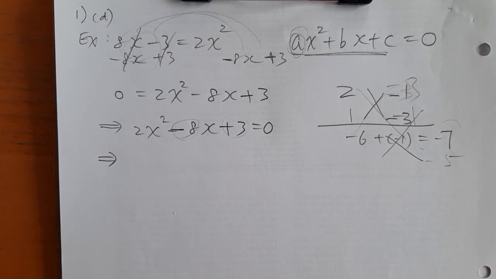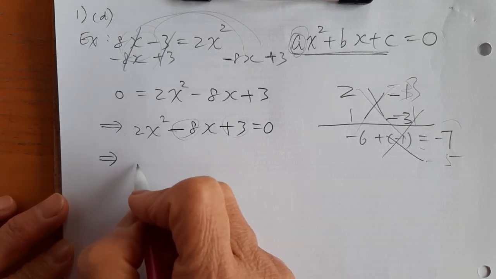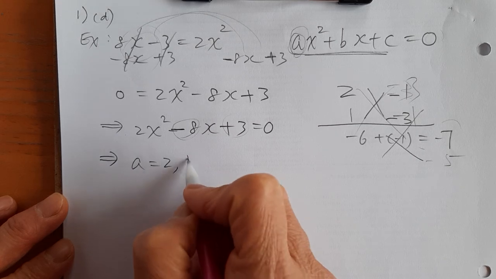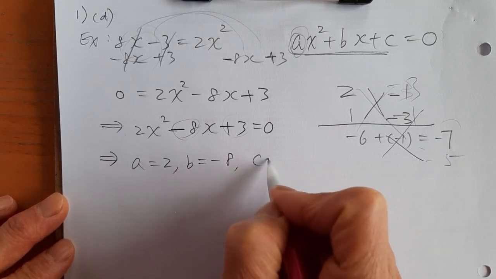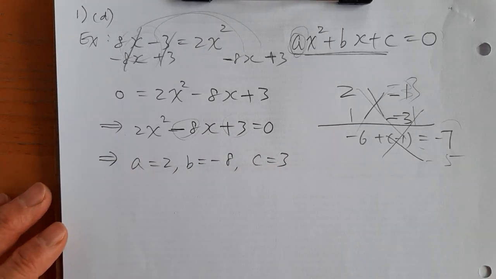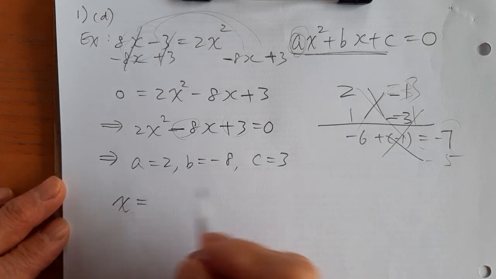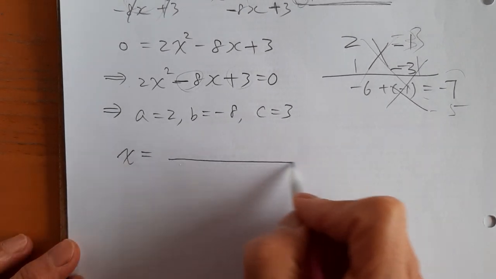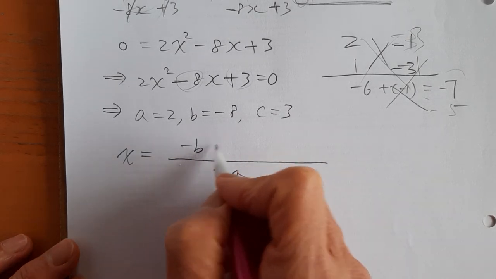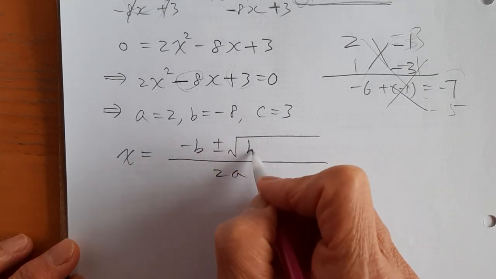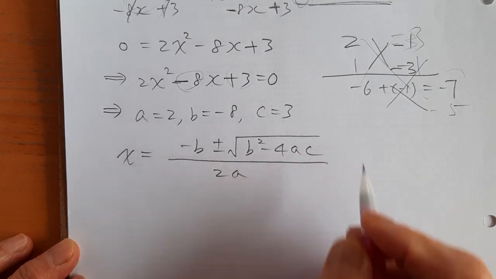Since it cannot be factored, we use the quadratic formula. a equals 2, b equals negative 8, c equals 3, and plug into the formula. The formula is x equals negative b plus minus square root of b squared minus 4ac, all over 2a.